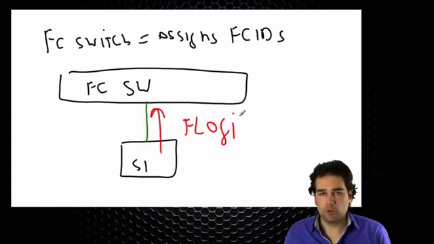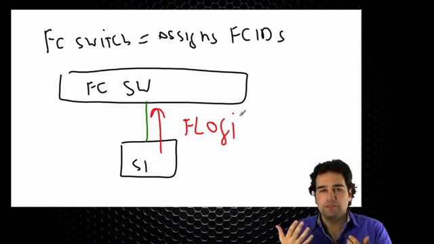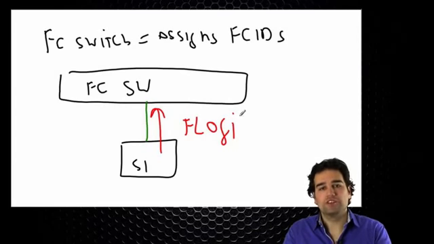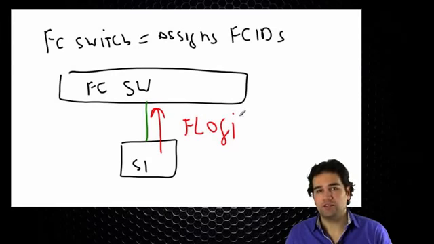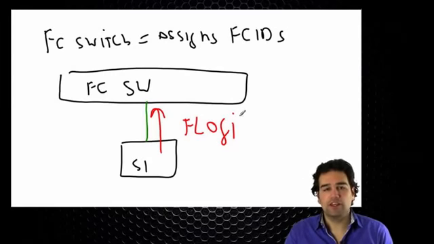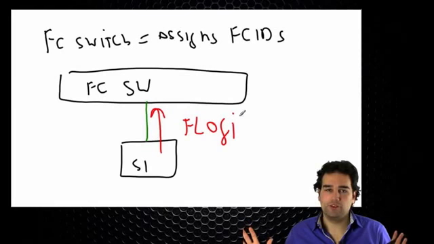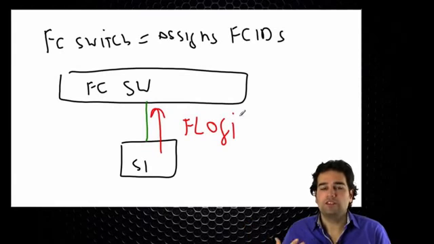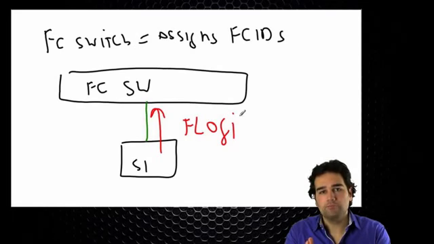So not talking about port types yet, just that when the link comes up, every host in the network needs to report itself to the network. Hey, here I am. That is a requirement in the Fibre Channel standard. So it's not like Ethernet, where you connect to me and I'm going to be quiet until you say something. No, this is based on the standard. Every host needs to perform a fabric login before it can access anything in the network.